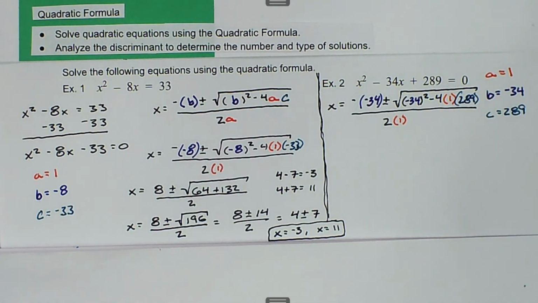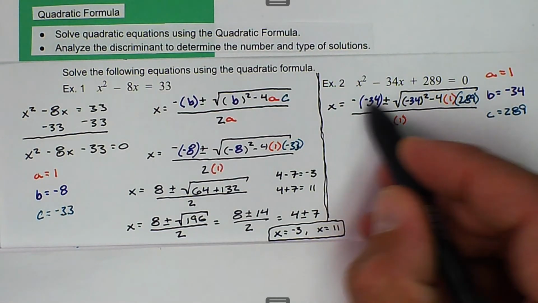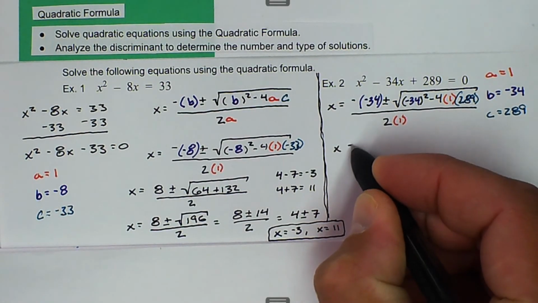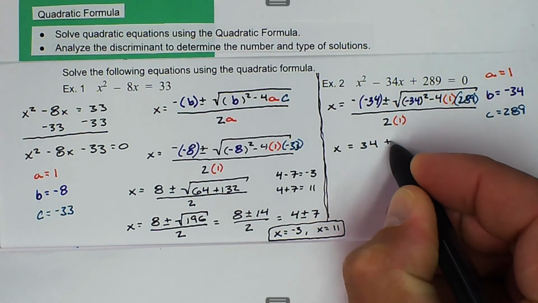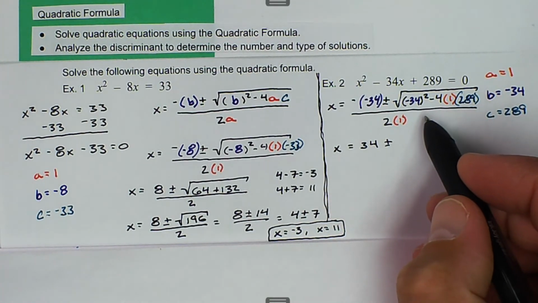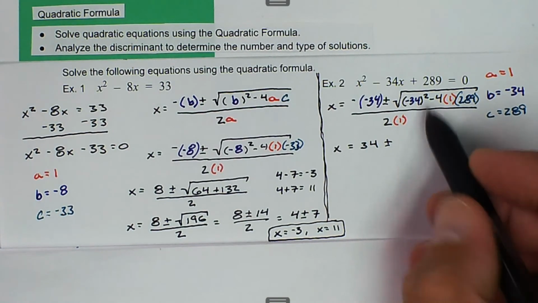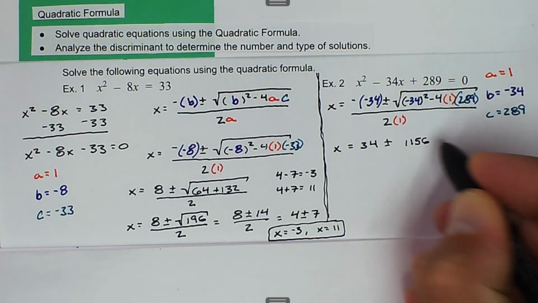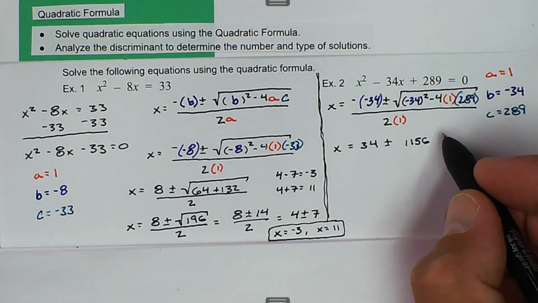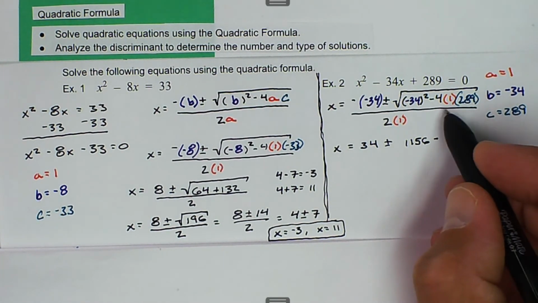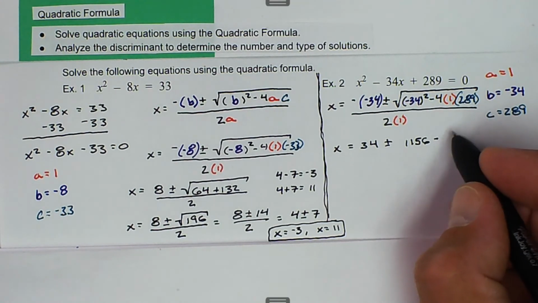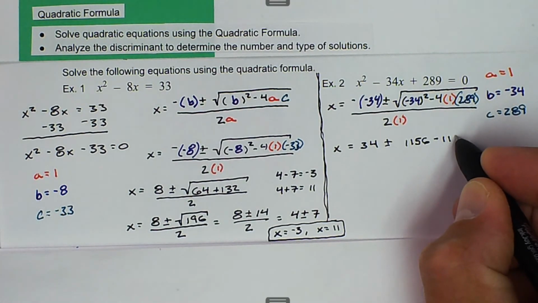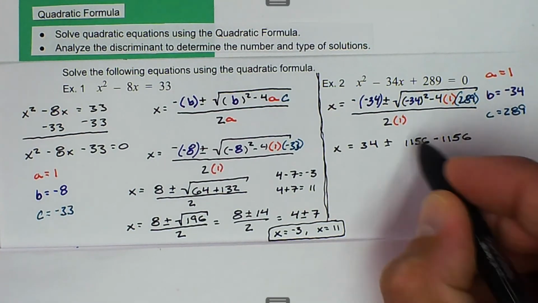And so we can do all that multiplication. We get negative times a negative is a positive, plus or minus. -34 squared is 1,156. And then we're going to say minus 4 times 289 is 1,156.